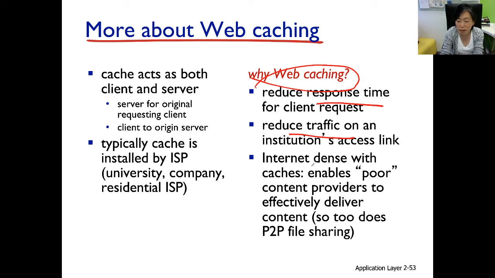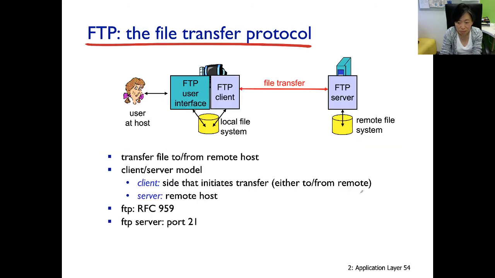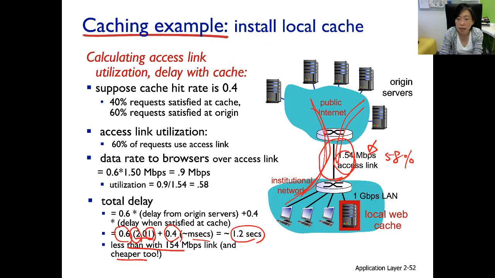Now, an extra benefit we didn't talk about is because we did not assume the uplink bandwidth of the servers being the bottleneck. If the server is poor, meaning we have poor content providers out there, let's say that the server here is poor. It cannot afford a high-bandwidth uplink.